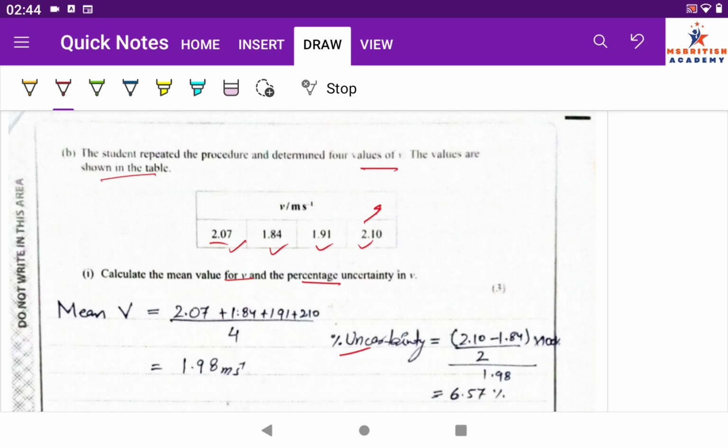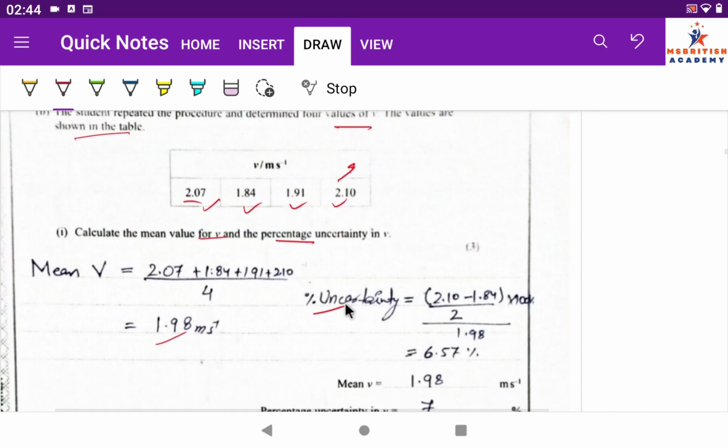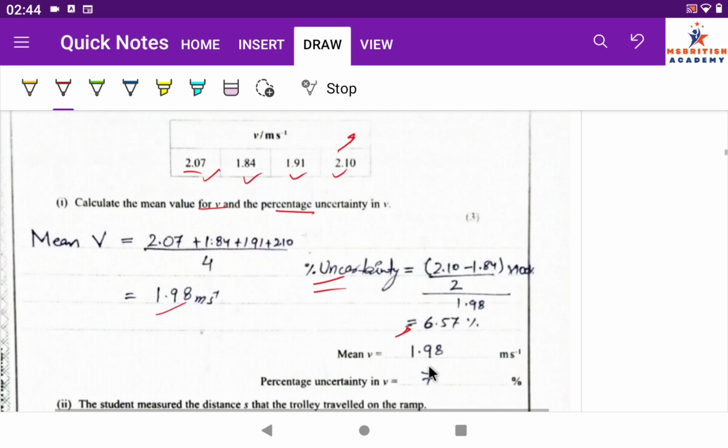The uncertainty is calculated by the maximum minus the minimum, divided by 2, times 100, divided by the mean value. You can use the formula of uncertainty and you will find that the uncertainty is 6.57 percent, and you can round it off and write this as 7% uncertainty.